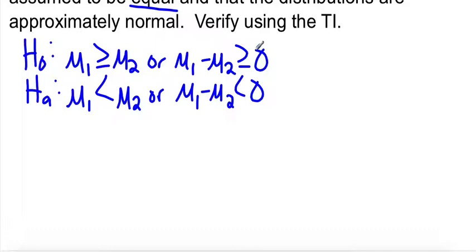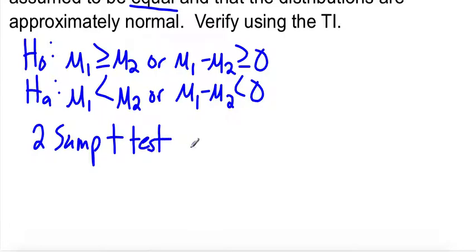We are doing a 2-sample t-test at alpha equals 0.01, and we are pooled this time. And that was told to us in the problem.